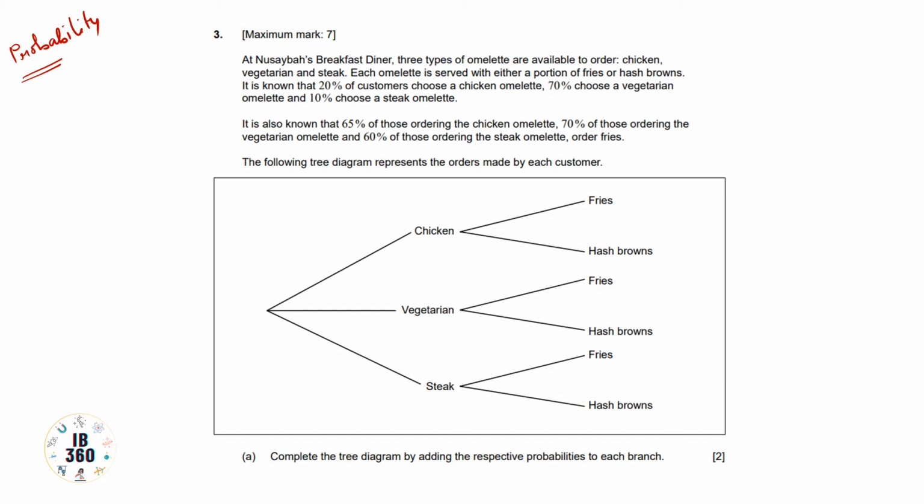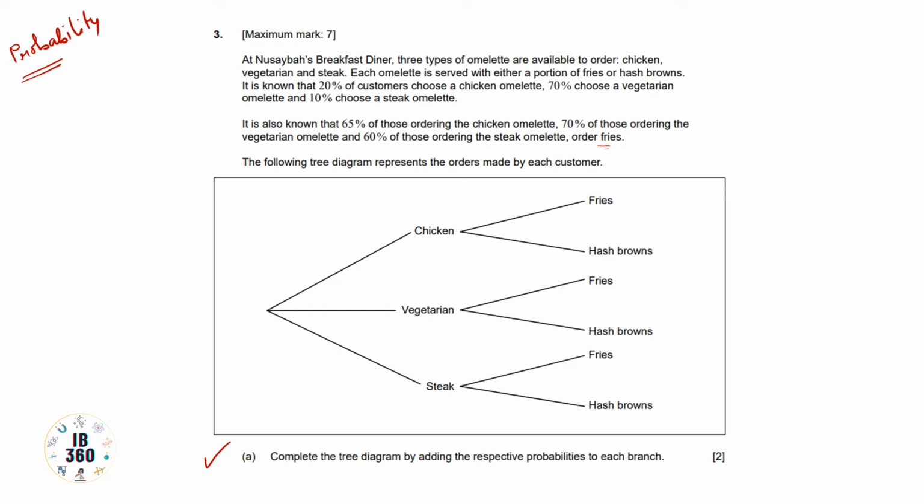It is known that 20% of customers choose a chicken omelette, 70% choose a vegetarian omelette, and 10% choose a steak omelette. It is also known that 65% of those ordering the chicken omelette, 70% of those ordering the vegetarian omelette, and 60% of those ordering the steak omelette order fries. The following tree diagram represents the orders made by each customer. The first question is: complete the tree diagram by adding the respective probabilities to each branch.